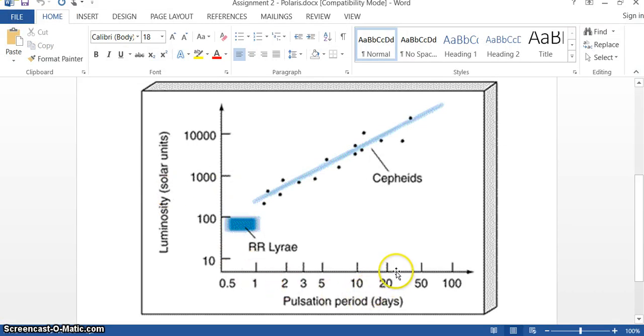Now, the period for my example was way out here. Look at the period for Polaris, without giving it away too much, and figure out what the absolute luminosity is for that particular star. And again, you'll find it's within our galaxy. All right, so that is it.